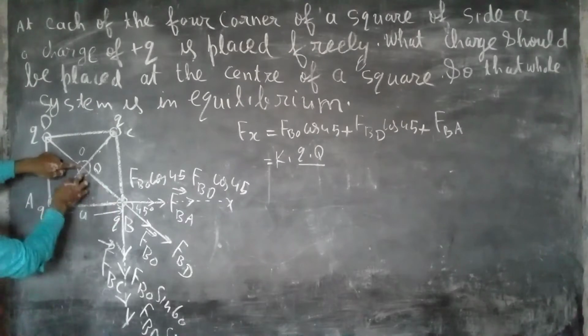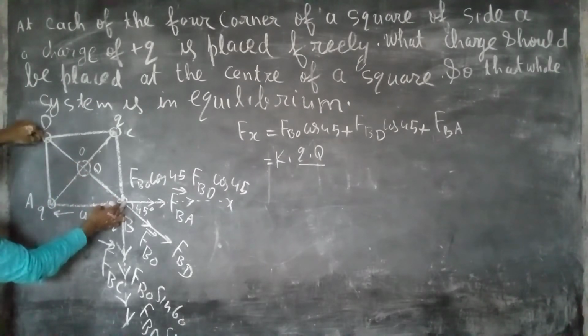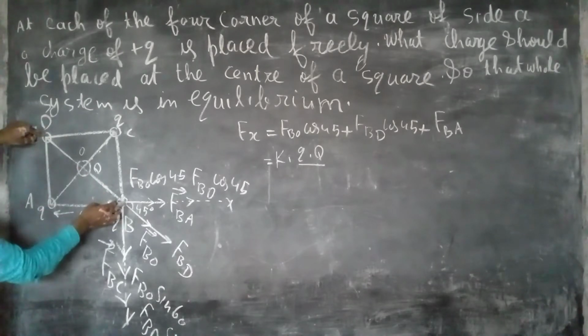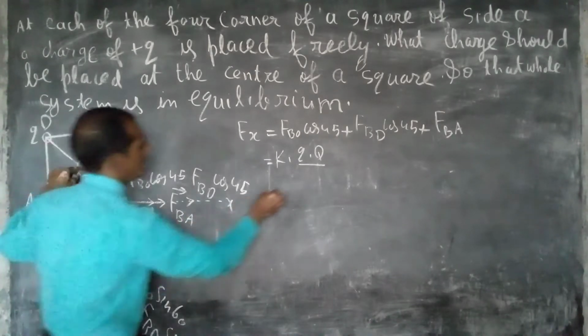The distance OB is half of the diagonal length. The diagonal length is a root 2, so half of the diagonal will be a root 2 upon 2, that is a upon root 2.